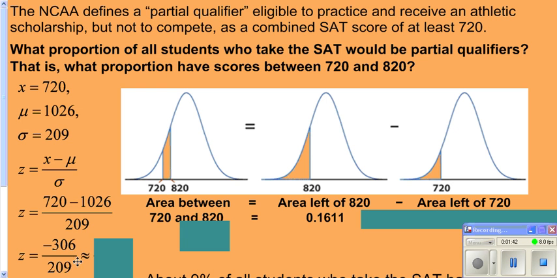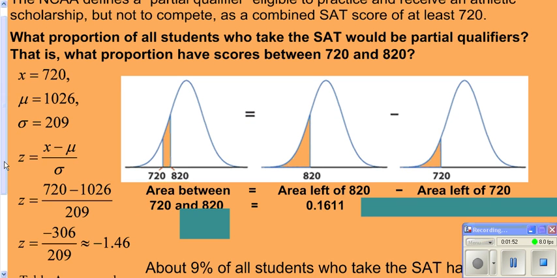And so we end up getting negative 306 over 209. Since our z-score deals with decimals, we divide that out and we get negative 1.46. So we need to find the z-score negative 1.46.